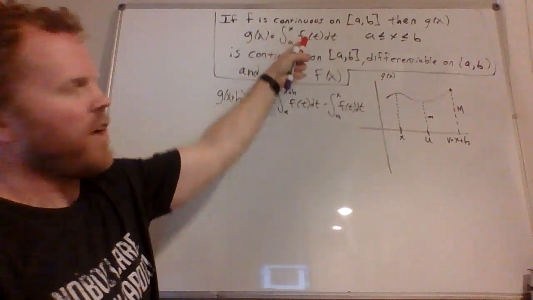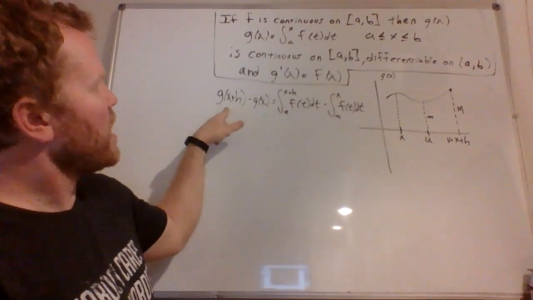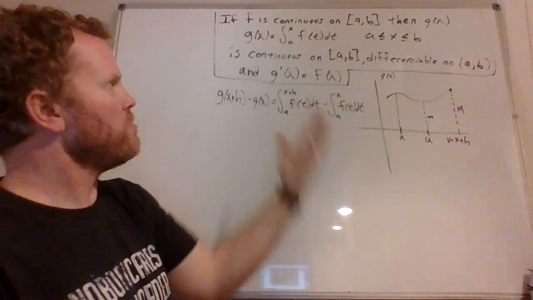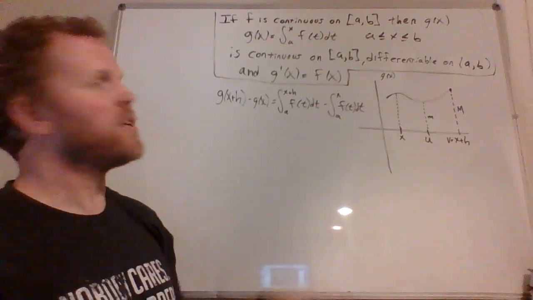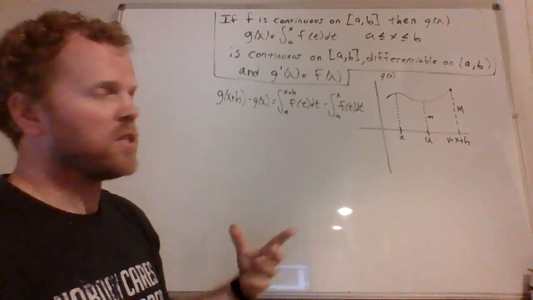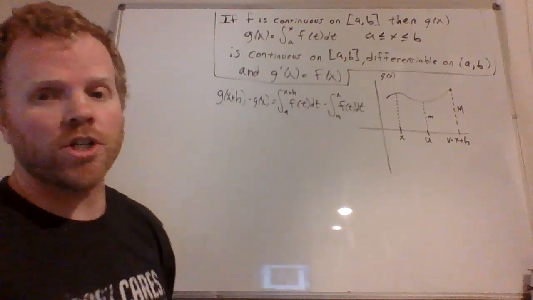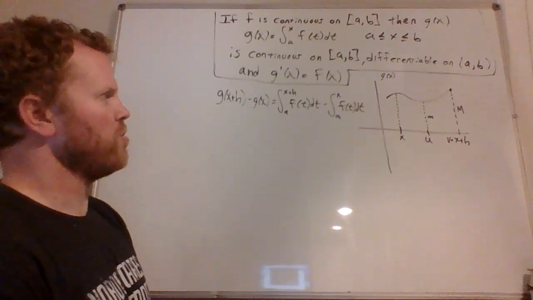Since g is defined as this accumulator function from a to x, then g of x plus h is just plugging in an x plus h here, and g of x is just plugging in an x there. No different than we did on those first little accumulator functions where g of 5 said plug in a 5 here. G of x plus h says plug in x plus h here.